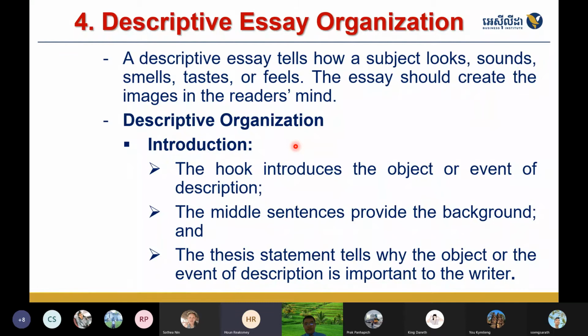Okay, please. For descriptive essay organization, a descriptive essay tells how a subject looks, sounds, smells, tastes, or feels. The essay should create an image in the reader's mind. Descriptive organization. Introduction.